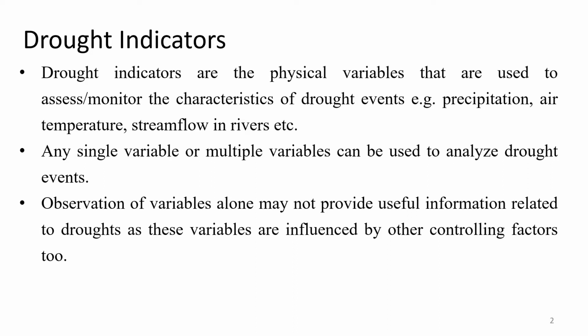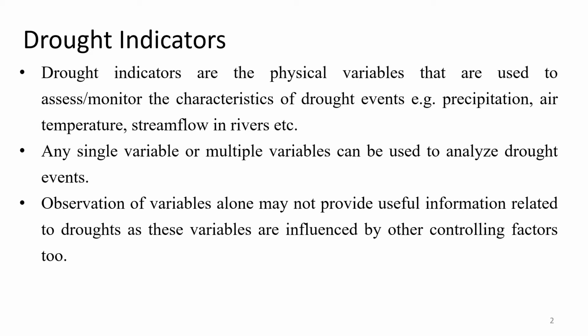If we use precipitation and air temperature together, or precipitation and groundwater level together, such multiple variables will provide information about different characteristics of drought, whether it is only meteorological drought or the drought has progressed up to the state of hydrological. All this information we can derive. So any one variable or multiple variables taken together can be used to analyze drought events.